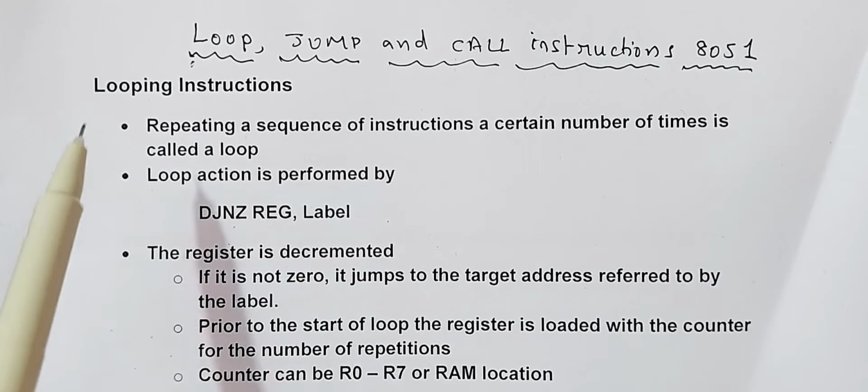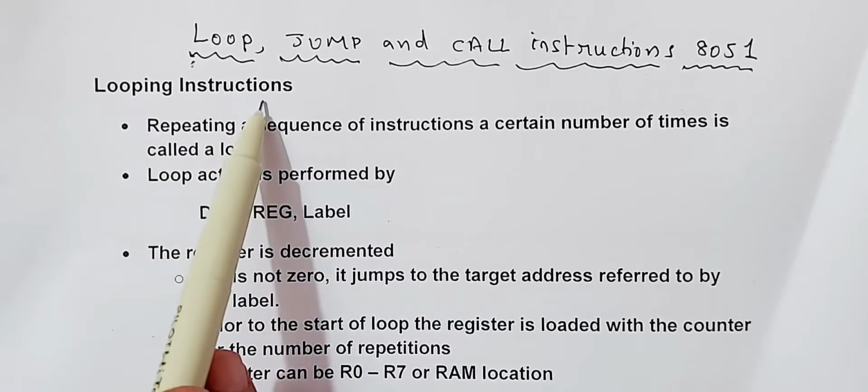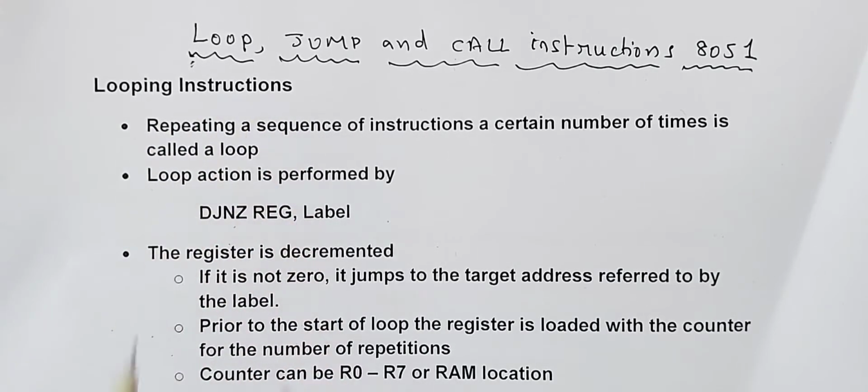First, we shall discuss the looping instruction. What is looping? We know that the program counter of 8051 is used for giving the address for instructions of the microcontroller program. So you will write a program of different instruction steps.